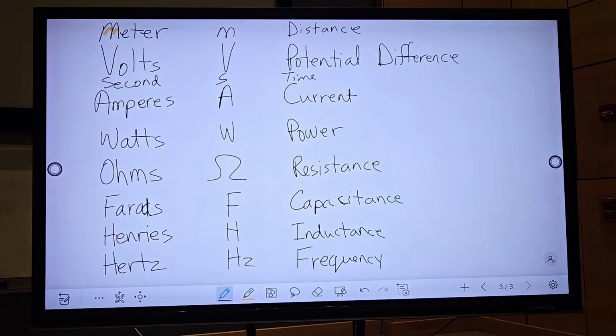Next session, Wednesday, we will have a quiz on the material so far.